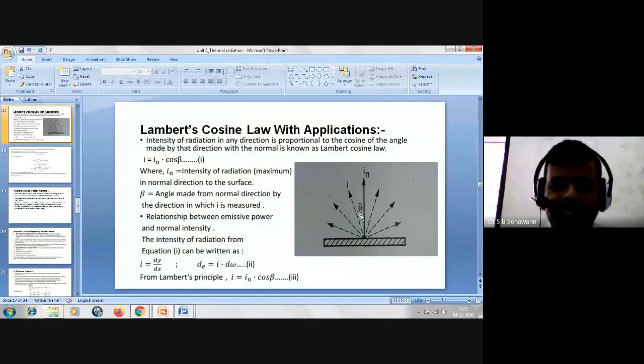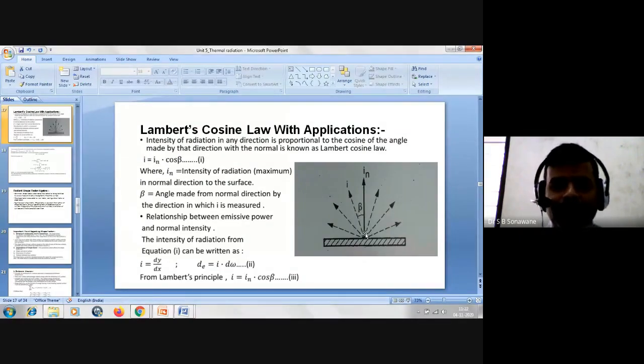Beta is the angle made by that radiation I. I is directly proportional to cos beta, and the constant of proportionality is known as the intensity of radiation in the normal direction to the surface, which is the maximum. In short, I is equal to In cos beta.